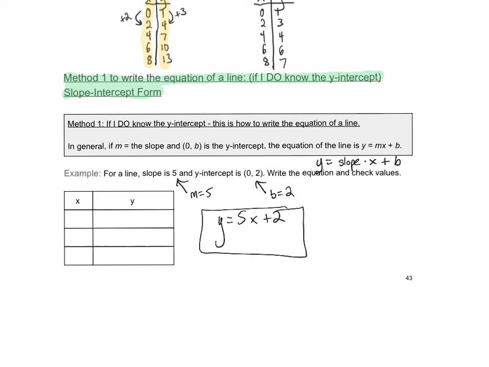So suppose I include one point that I know, which is the y-intercept. Then I should be able to remember that slope is 5 over 1, which means that as this goes up by 5, this goes up by 1, and get a few more points.